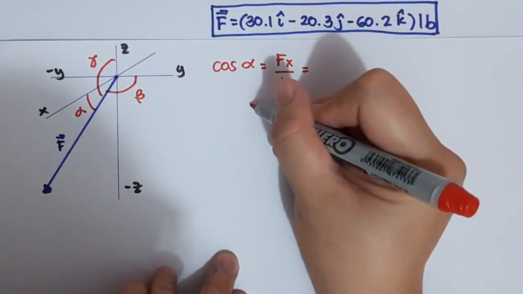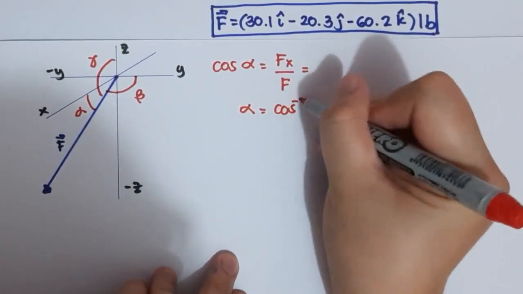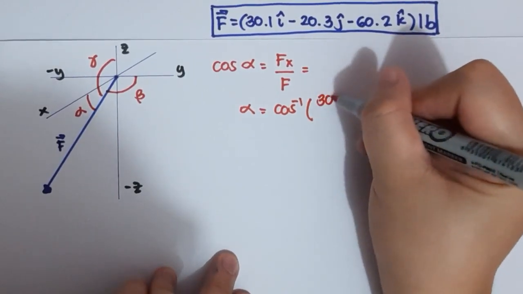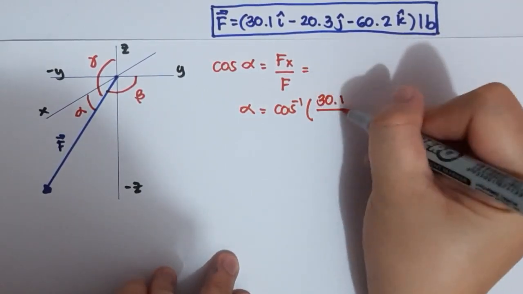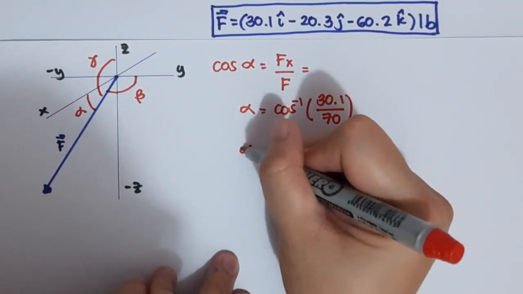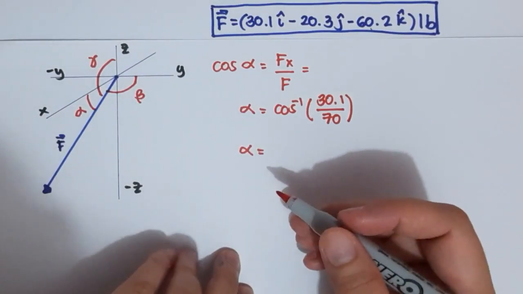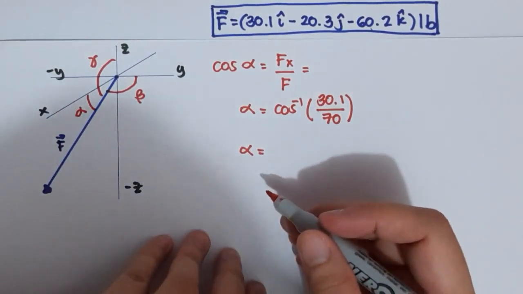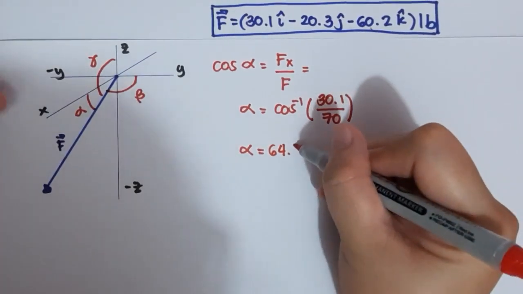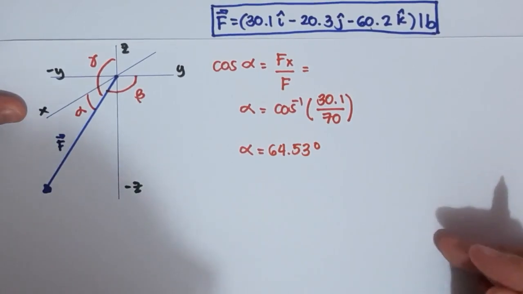So alpha will be arccosine of 30.1 divided by 70 pounds. So the units will be cancelled. So alpha is equal to 64.53 degrees. That is for alpha.